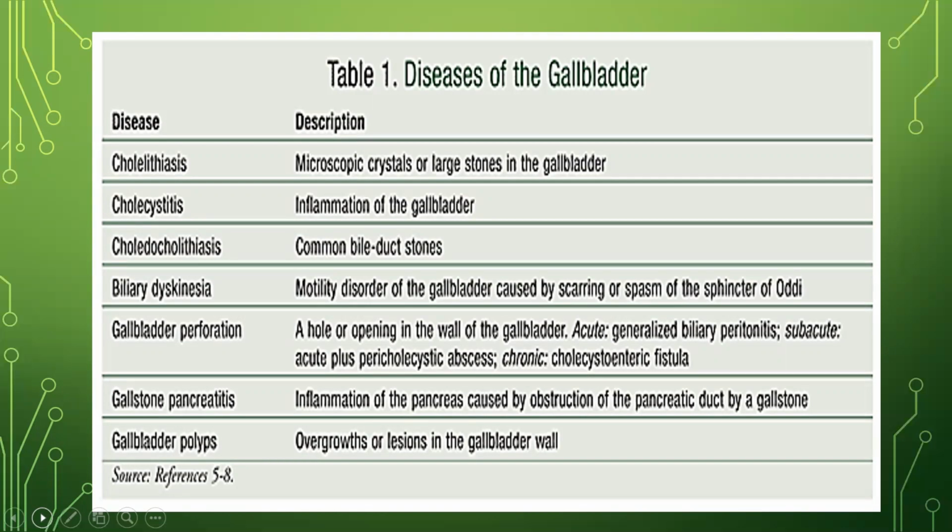Gallbladder perforation, a hole or an opening in the wall of the gallbladder, can be acute or chronic. It can also occur in acute cases, for example, when acute pericholecystitis abscess happens. Gallstone pancreatitis happens due to obstruction of the pancreatic duct or the common duct by a gallstone. Gallbladder polyps are overgrowths or lesions of the gallbladder wall.